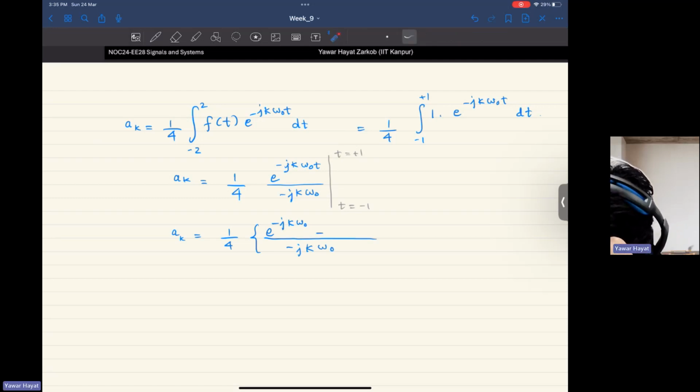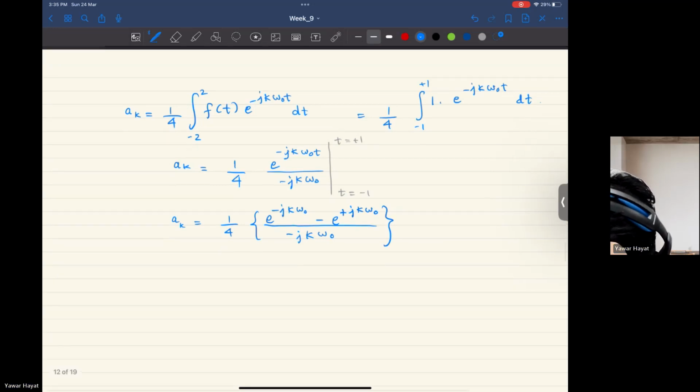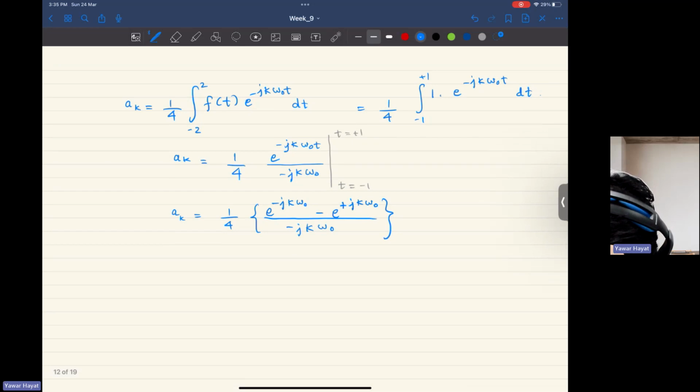When I use this, I'll get e to the power minus jk omega naught plus e to the power plus jk omega naught. So then we'll be left with some manipulation. We take this k omega naught common.